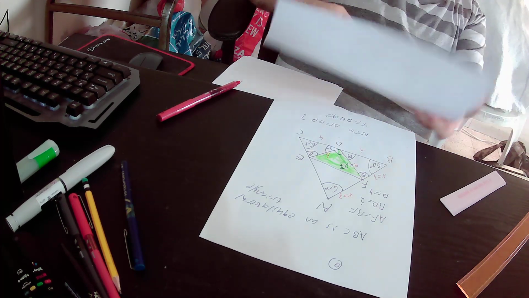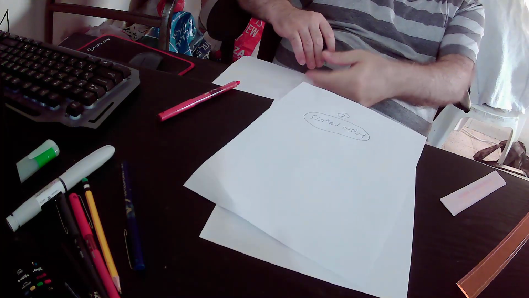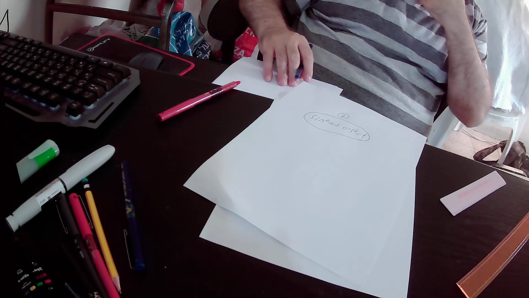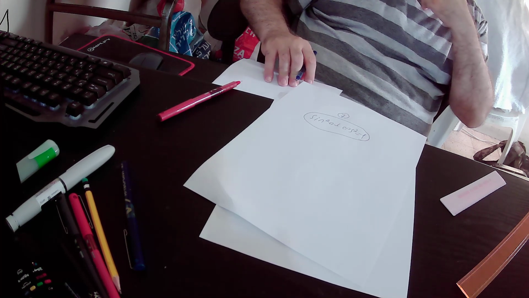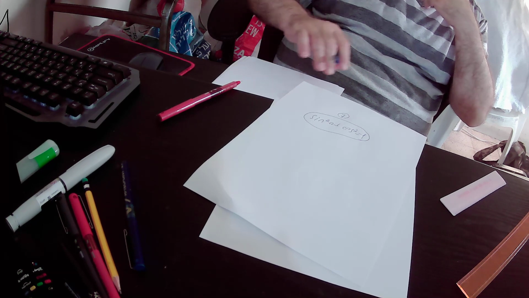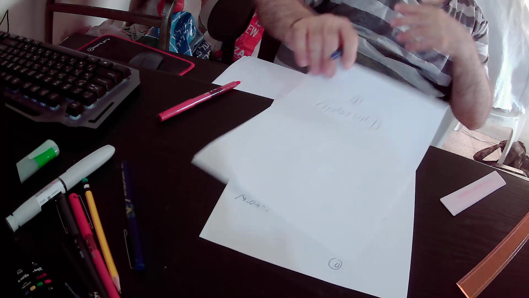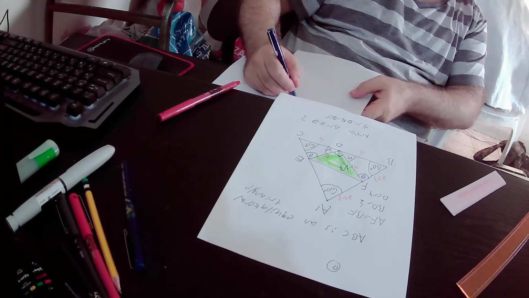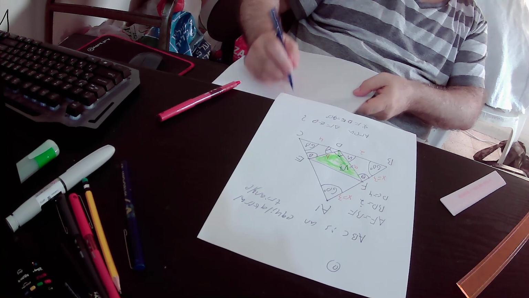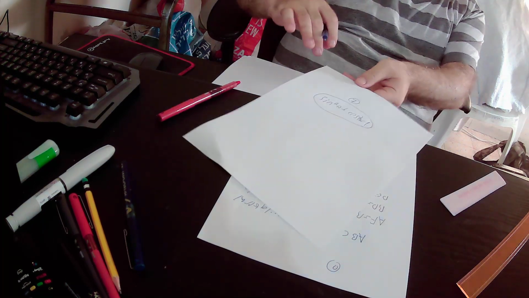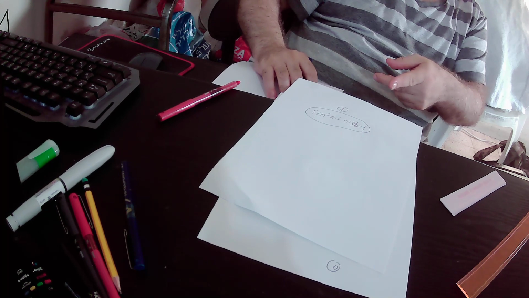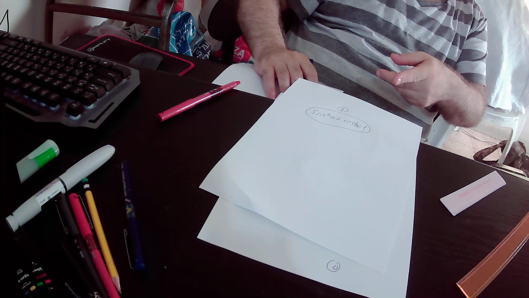We have this trigonometric identity that states that sine theta squared plus cosine theta squared equals 1.